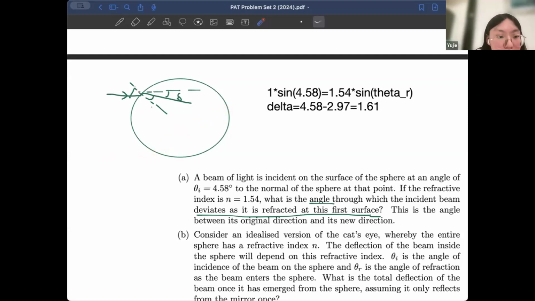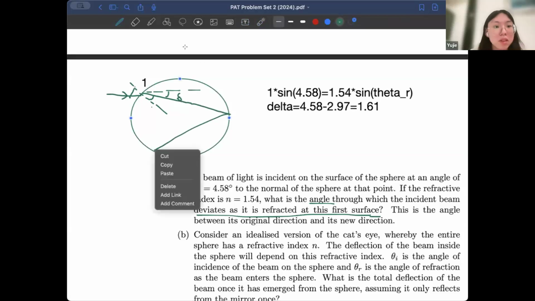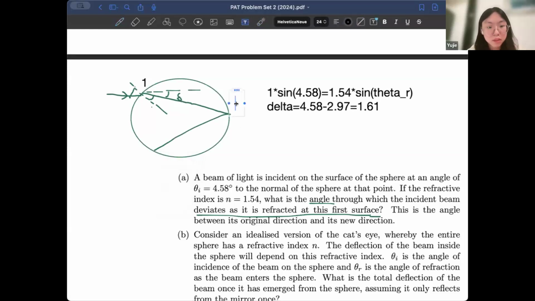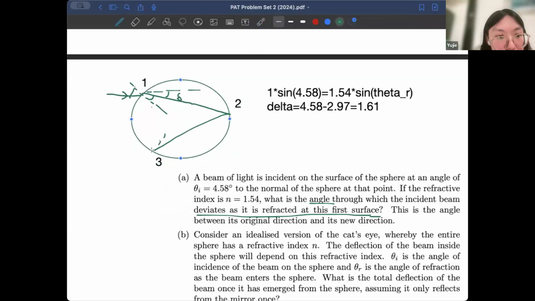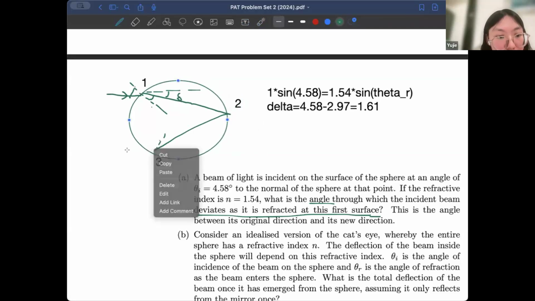So there will be three angles. This point is the first time when the deviation happens, this point will be the second, and this point will be the third. And it's being refracted out.